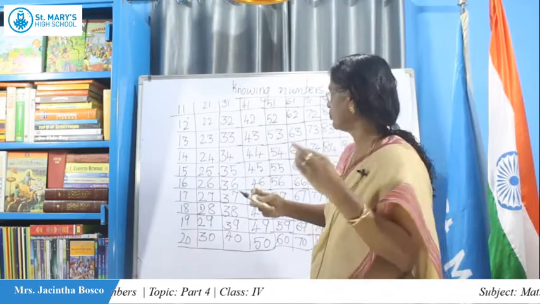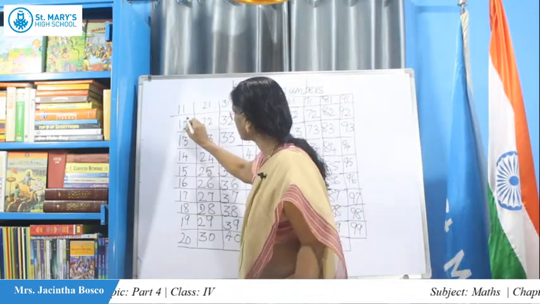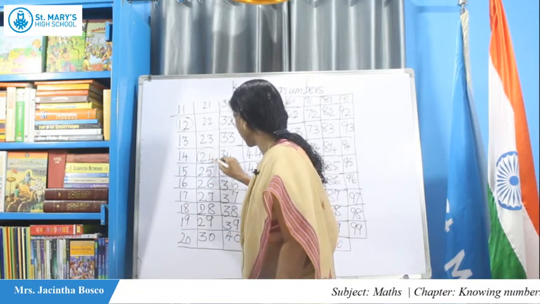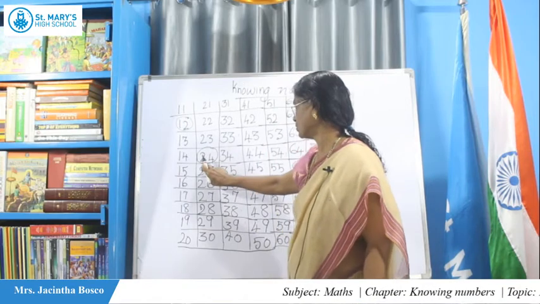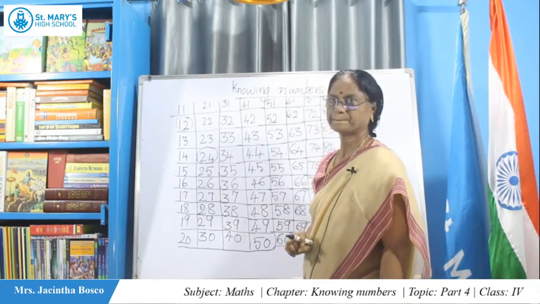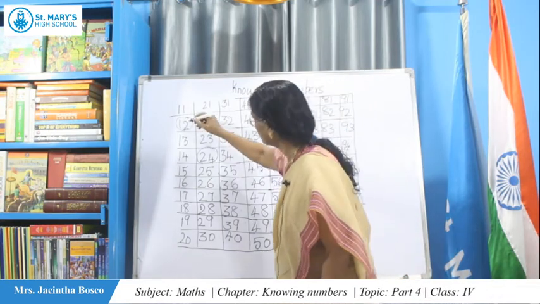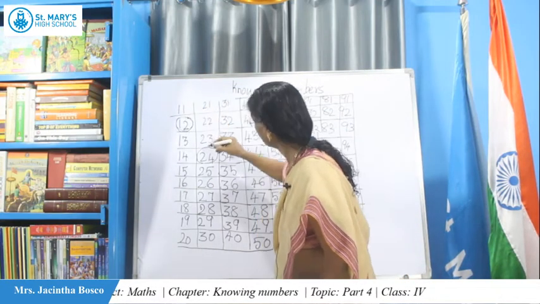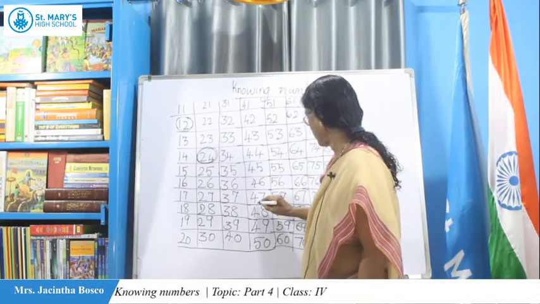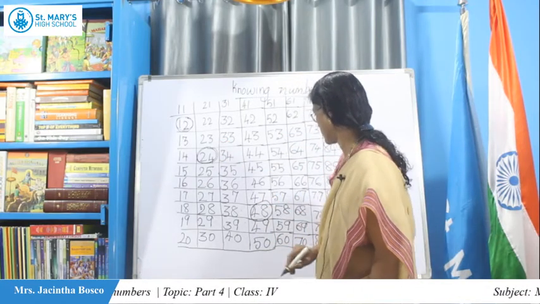Now, shall we round up? 12, okay, 24. So, 2 in the tens digit. What is the double number? 4. 12, 24, then 48.